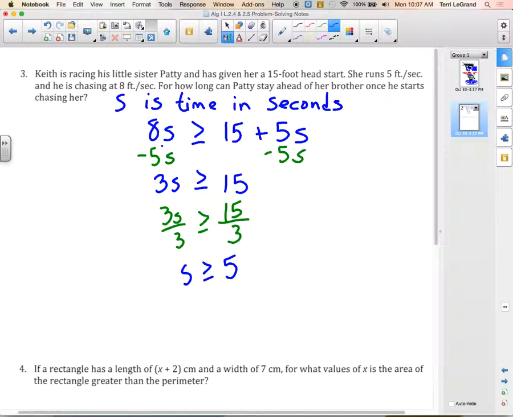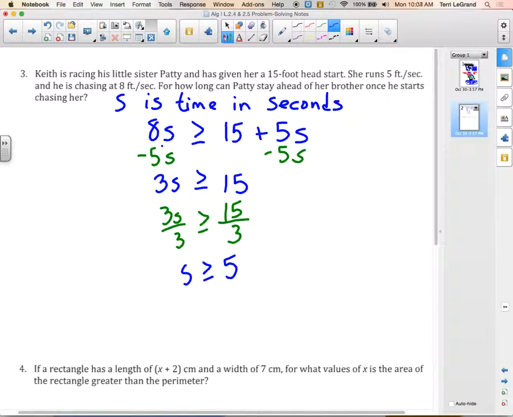S is greater than or equal to 5 seconds. Okay. How do you feel about that? The question says, for how long can Patty stay ahead of her brother once he starts chasing her? So what does this say? That she can stay in front of him for 5 seconds while he's chasing her. And that would be the equal to part. At 5 seconds, it's saying that she's equal to or behind him.